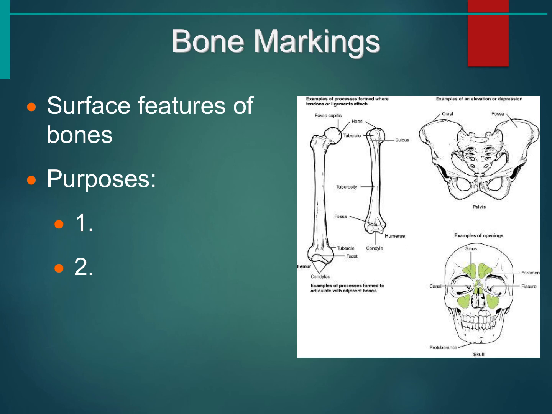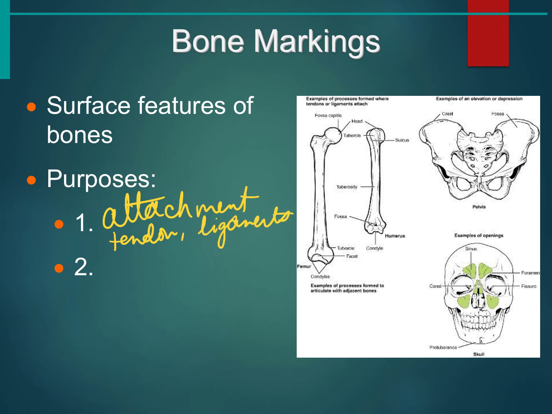So the first is that they form attachment points for like muscles, so tendons, ligaments, muscles, because those need somewhere to connect, to hold the bones together, to hold the muscle to the bone, and for the muscle to like sit nicely on your bone.